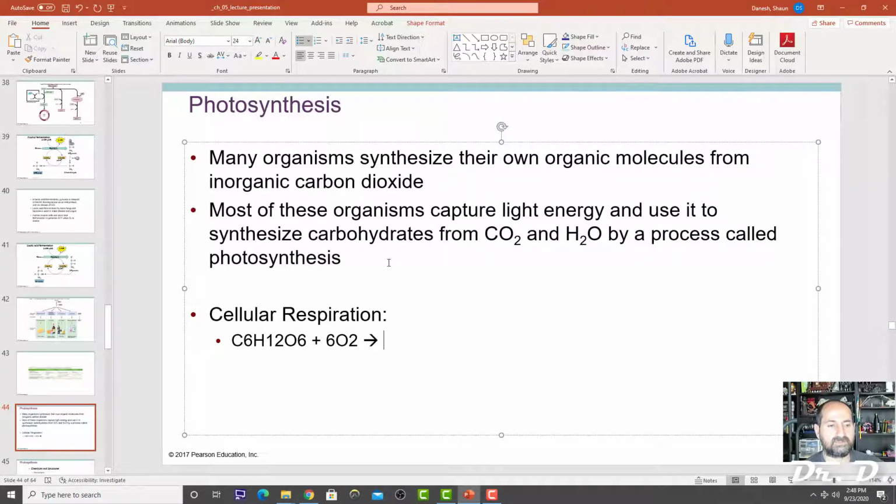Those are the reactants, which then became 6 CO2. That's why you breathe in oxygen, you breathe out CO2, right? That's why you breathe out CO2, a much higher concentration of CO2. And there was also another waste product, 6 water molecules, H2O.